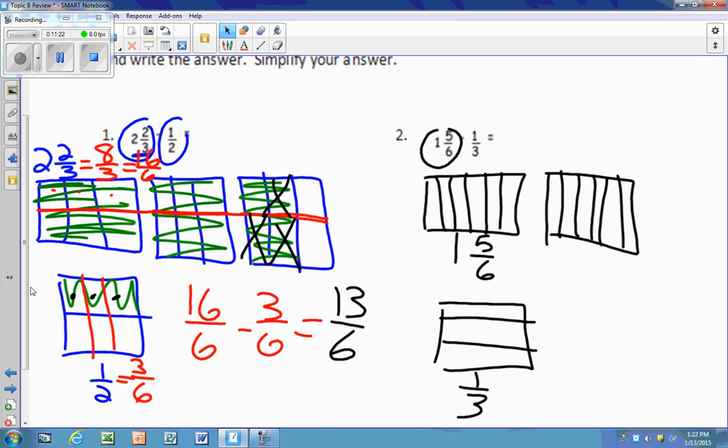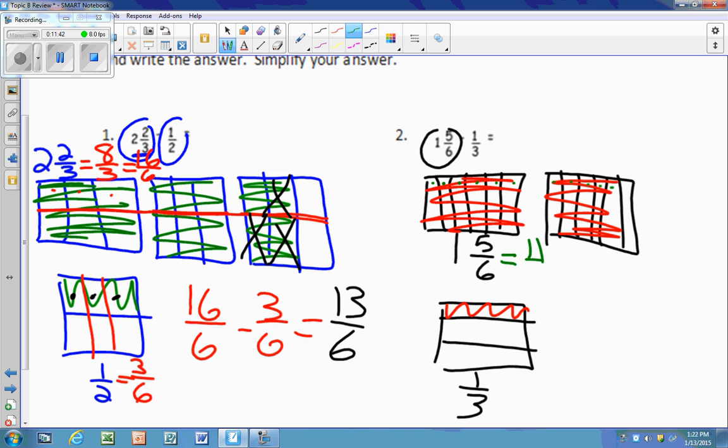And now we have to shade in, so we're going to shade in 1 whole and 5 of the sixths. And over here we're going to shade in 1/3. And now over here we're going to notice there's not just 1 5/6 that we have. We have 1, 2, 3, 4, 5, 6, 7, 8, 9, 10, 11 sixths.